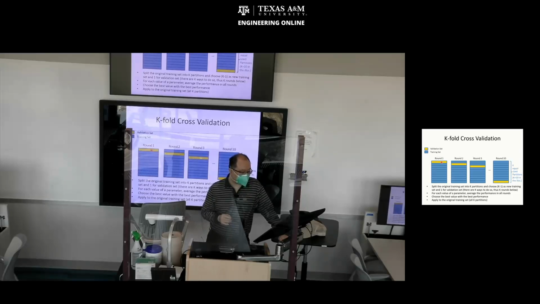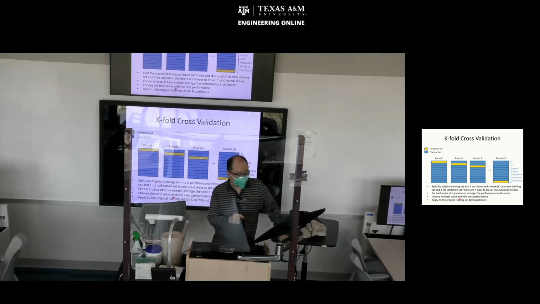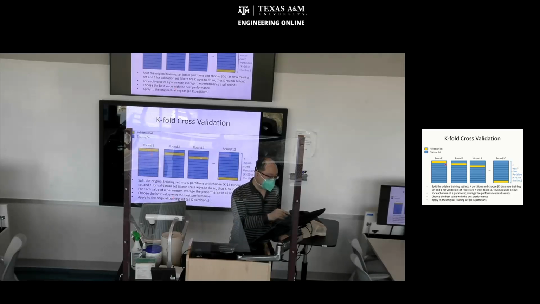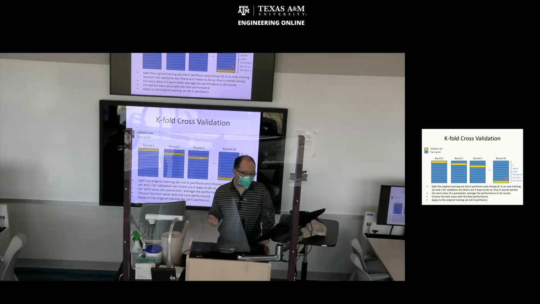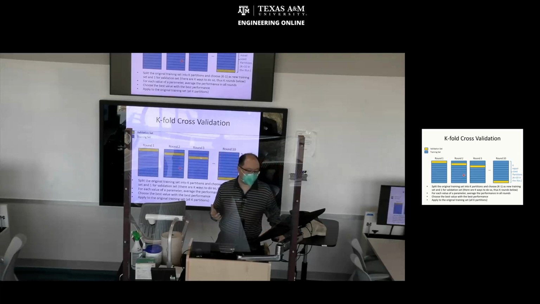Then for each value of a hyperparameter, you average the performance over all rounds. For instance, in each round, you can use AUROC or AUPRC, which we have talked about before, and then average them over the 10. That is the average performance for that hyperparameter combination choice, okay?